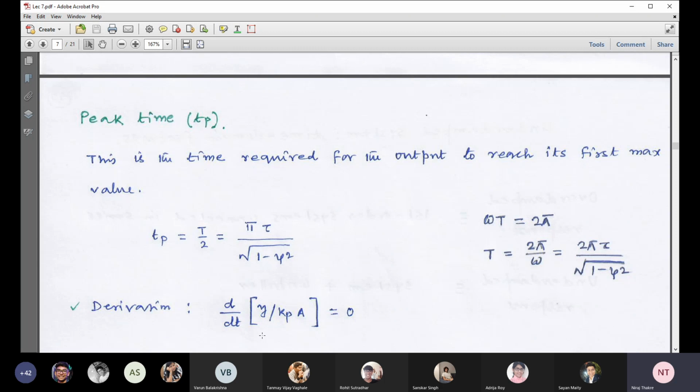See, I do not have the derivation to show you. You have to do it. And as I told the answer, it will be exactly capital T by 2, even if you consider this derivative equal to 0. If anyone got it, let me know.